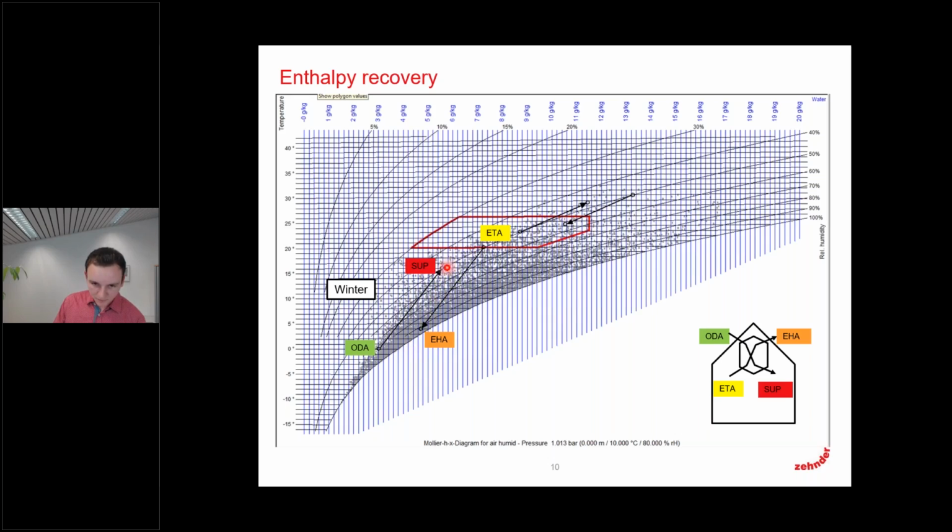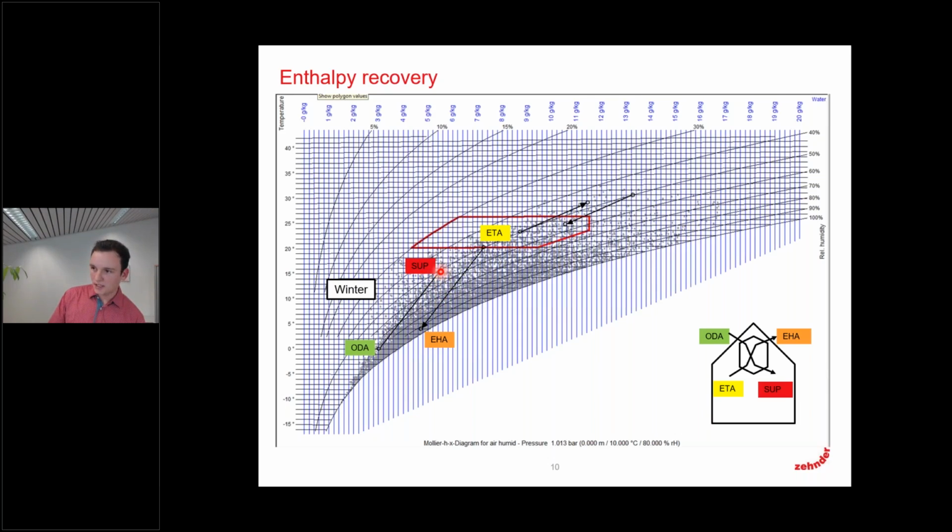So you can see we now have a relative humidity of 50% at the supply air and a total content of 5.5 grams of moisture in the air. So we have a difference of 2.5 grams.